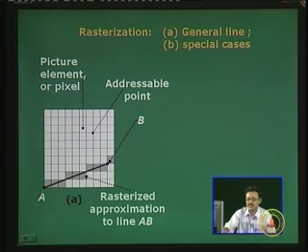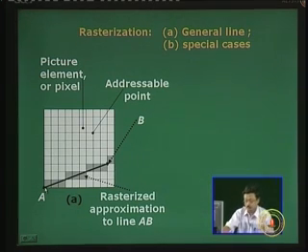Unlike in the case of a random scan, where the beam was moving from point A to point B, what we do in this case is switch on a set of pixels or points which lie close to the actual line joining point A and point B. There are many sophisticated algorithms. We will talk about one such line drawing algorithm to find out which are the pixels which are the closest and give the visibility of a continuous line.